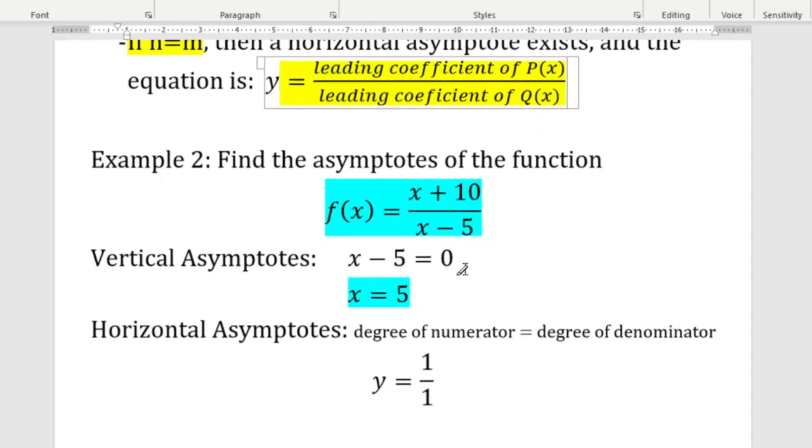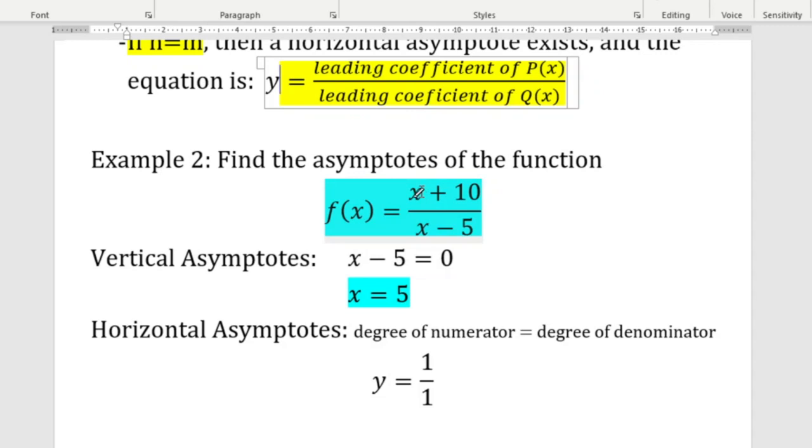To determine the horizontal asymptote, we will look at the degrees of the functions. Since the numerator is a linear function, while the denominator also is a linear function, the degree is 1. Therefore, the degree of the numerator is equal to the degree of the denominator. If that is the case, we will look for the leading coefficient of the numerator and the leading coefficient of the denominator.